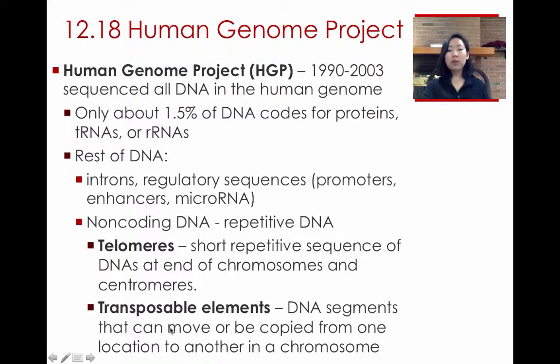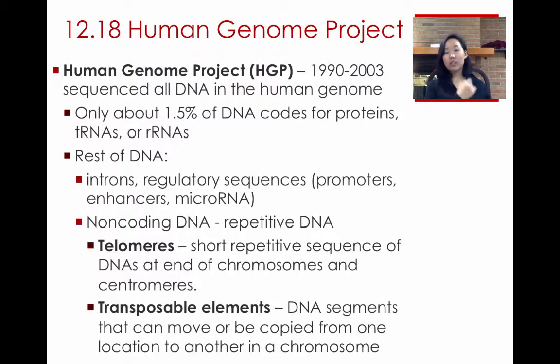They've also noticed that a lot of these repetitive DNA sequences are associated with transposable elements. Transposable elements are DNA segments that can jump around and move from one place to another. Just remember, that's not necessarily a good thing.